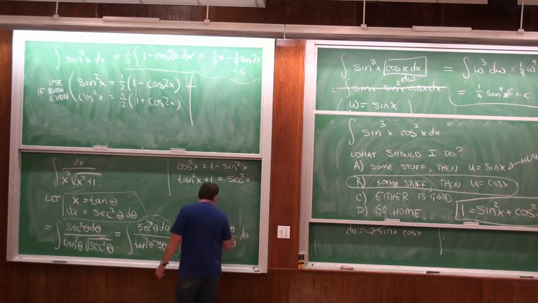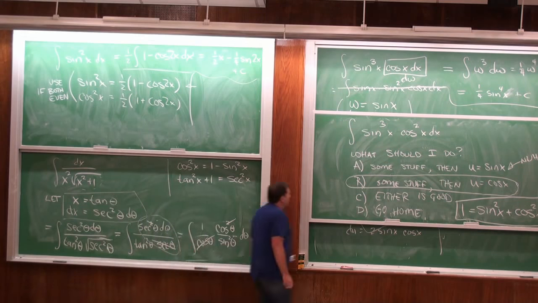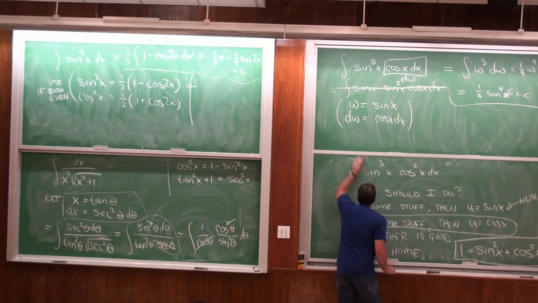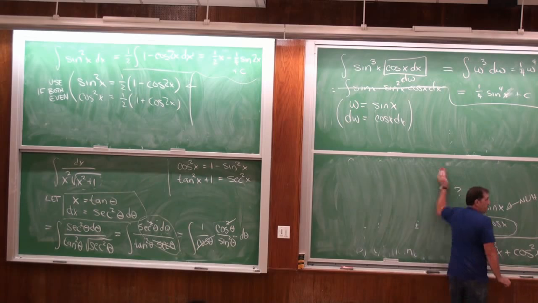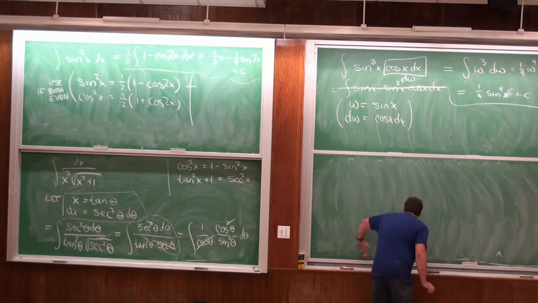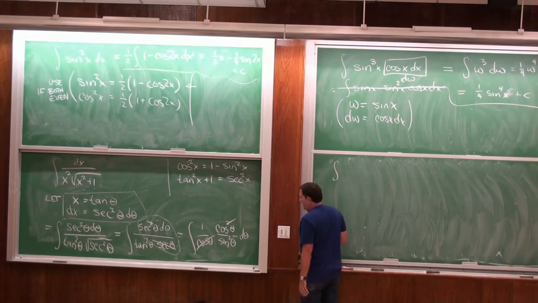So again, I can cancel this with that. And so, I guess I'll use this one. And so after all of that, we wind up with the integral of cosine over sine squared.